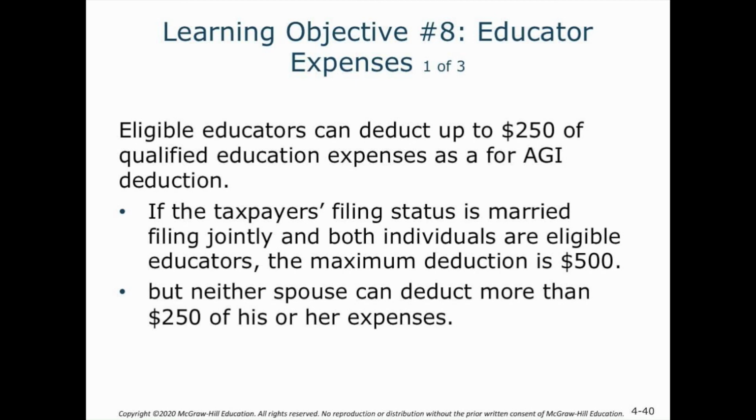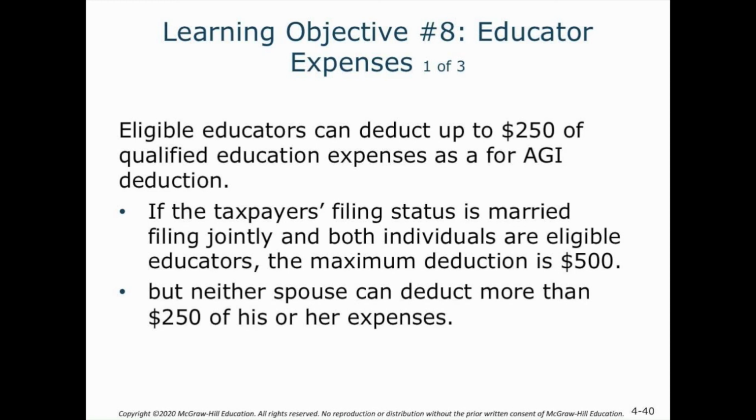Learning objective 8, educator expenses. Now, educators are going to be eligible to deduct up to $250 of qualified education expenses as a for-AGI deduction, or an above-the-line deduction. If you are married and filing jointly, then the total maximum deduction is going to be $500, but there's a catch here where neither spouse can deduct more than $250 of his or her expenses.